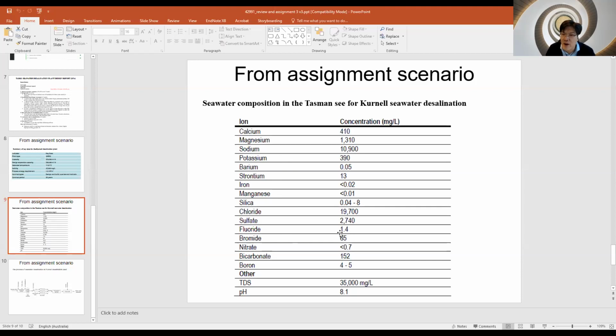So chloride. If you look at the chloride, it doesn't mean chlorine. So we have active chlorine, but we have inactive chloride. Most of them are inactive, as well as fluoride.